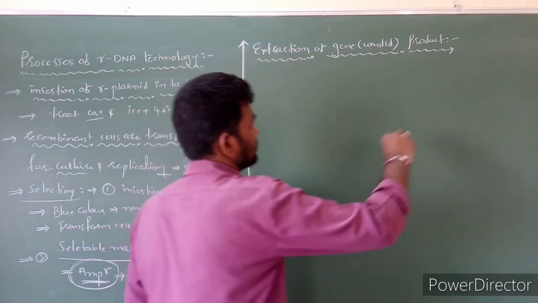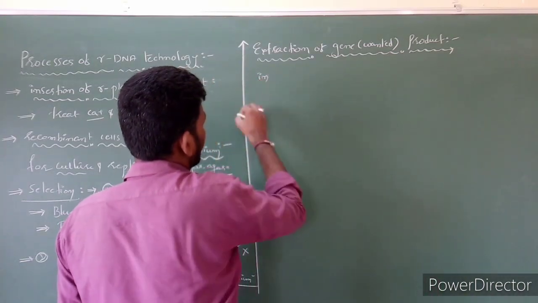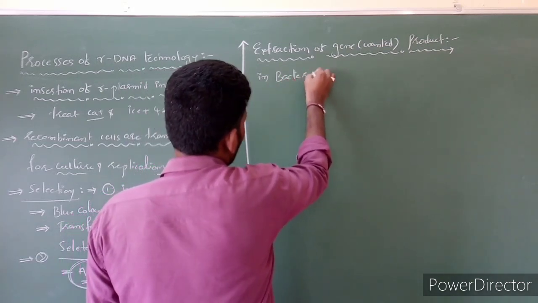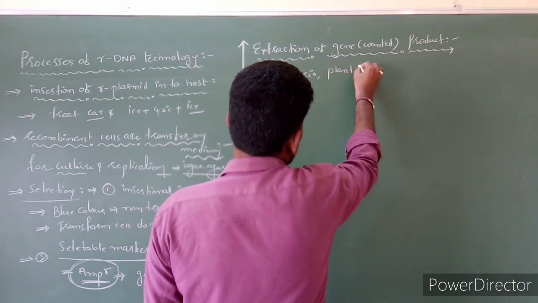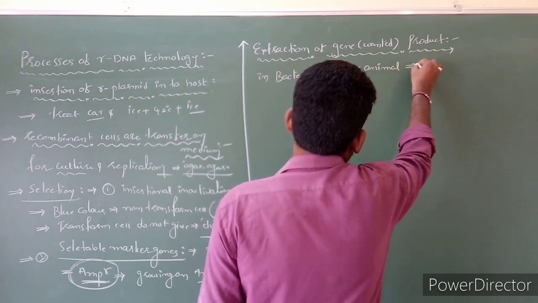Now this host cell is going to express and produce the desired gene character. Here the wanted genes we already inserted in maybe bacterial cells or plant cells, as well as animal cells.